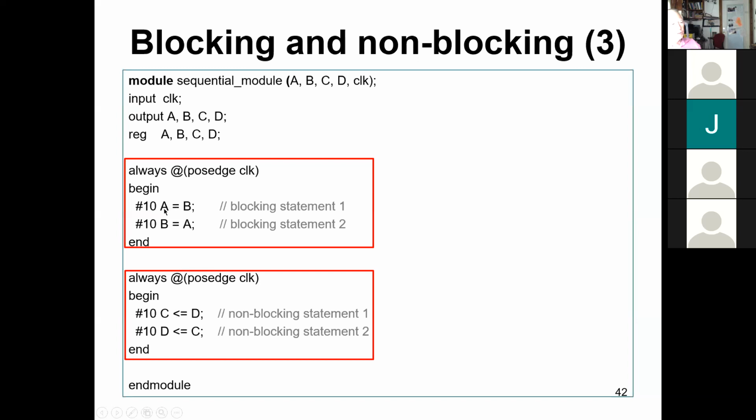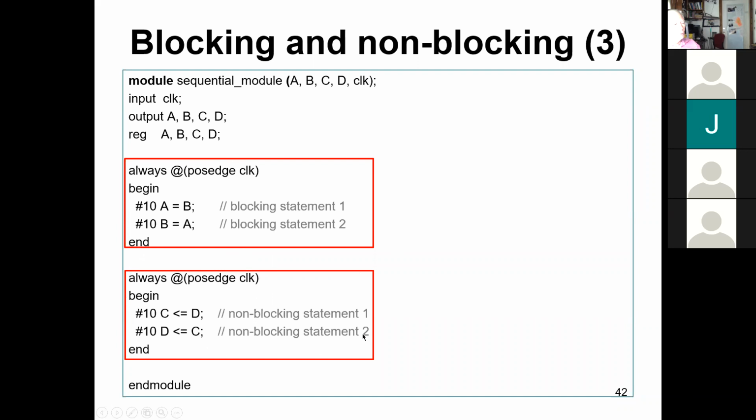Basically, B gets written into A, and it gets rewritten back into itself. So both A and B will have the value of B. Here, C will have the value of D, and D will have the value of C. They will have exchanged values. Here, they will have duplicated the value of B. So they certainly do result in a different outcome.